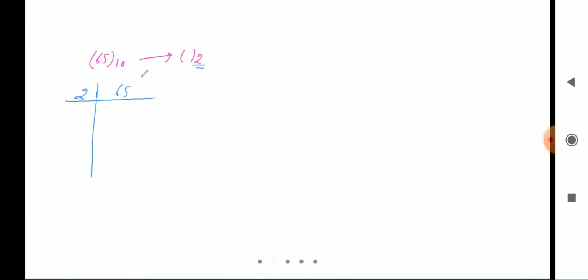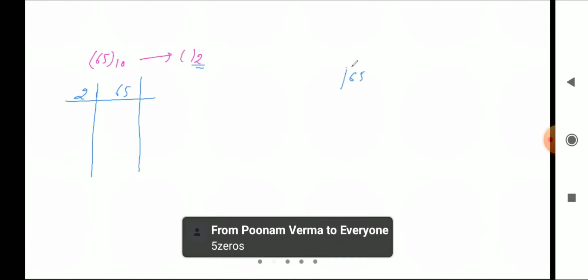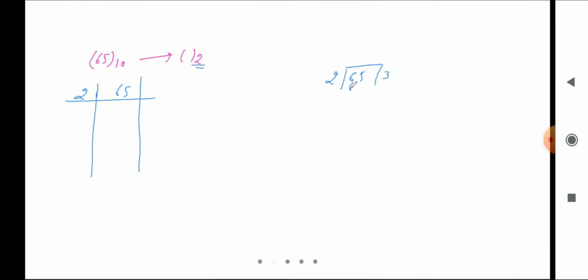So I divide 65 by 2. 2 threes are 6, then 5; 2 twos are 4. The remainder is 1, and the quotient is 32.